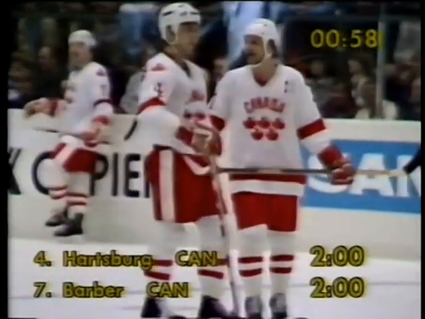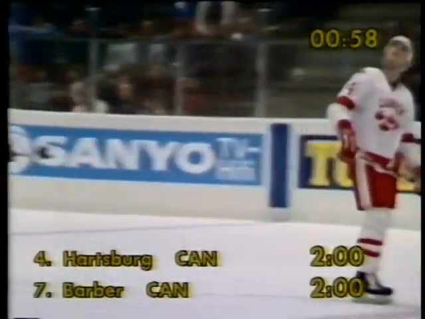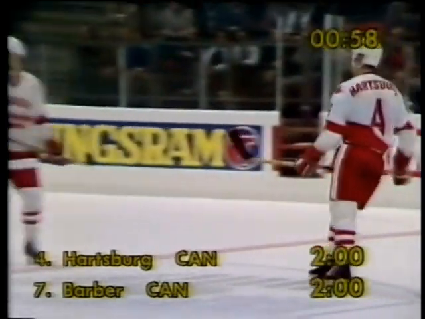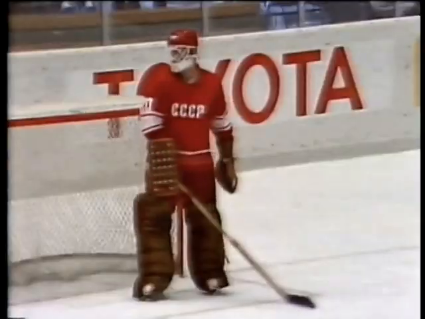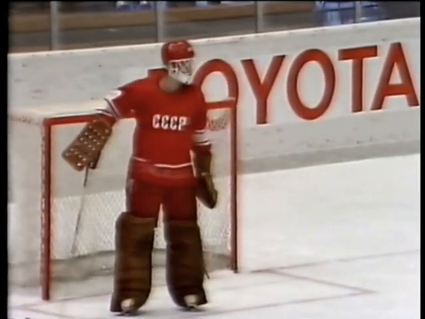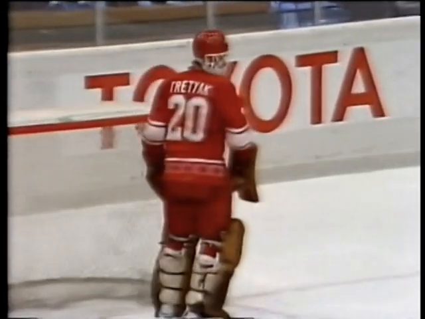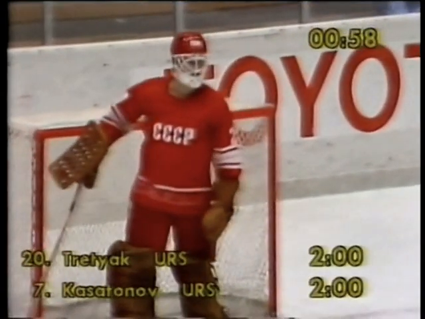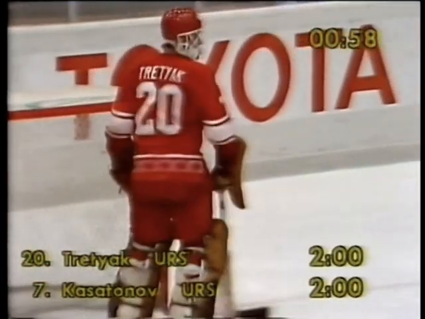He had someone there roughing with him. All of a sudden, the Canadian team playing a man short. And they give one to Kasatonov as well. Finally. Well, now Kasatonov they have up on the board 2 minutes. Hartsburg 2 minutes. Barber will also get a minor and the penalty to Tretiak.